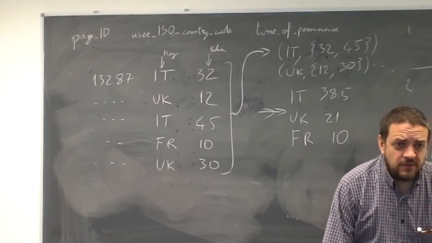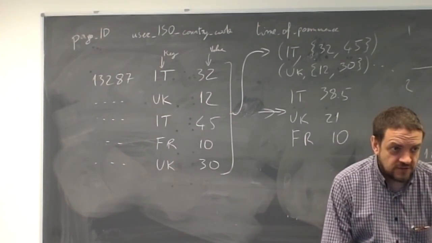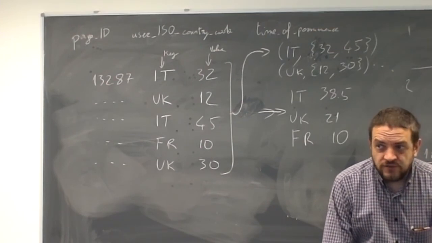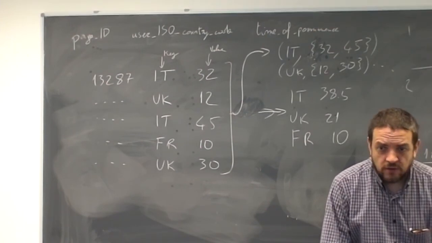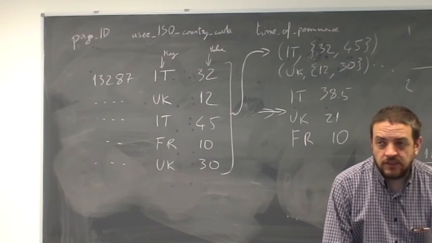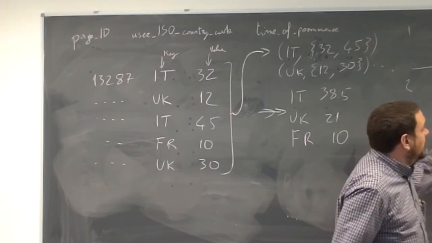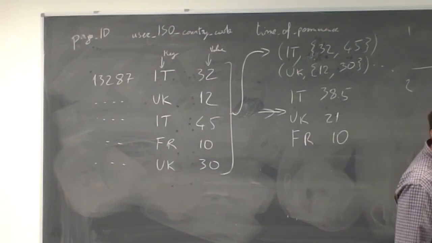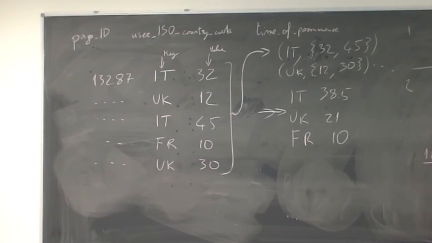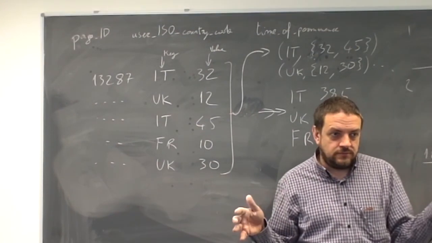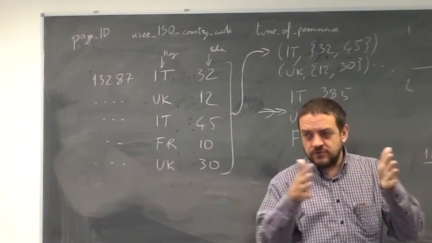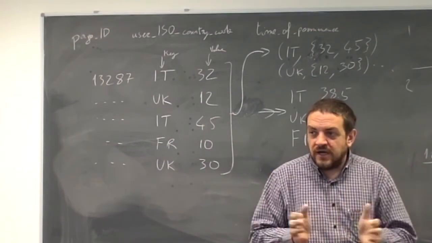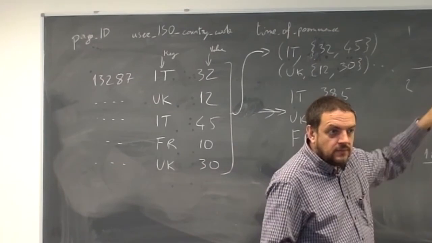But there is a strong constraint on reducers. One reducer needs to get all of the values corresponding to one key. After everything has been output by mappers and combiners, all records corresponding to one specific code, for example IT, must go to the same reducer. Because one reducer needs to aggregate all the results about one key.